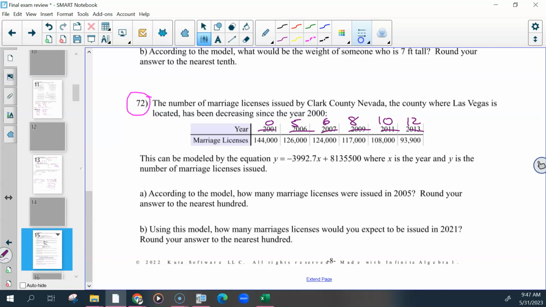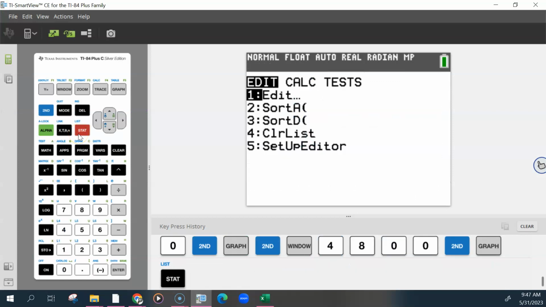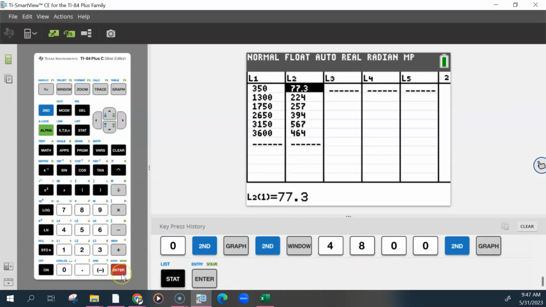Anytime you have years, that's always X. So that means the number of marriage licenses would depend on the year. And then we're going to go back to stat and do this all over again. So stat, edit.